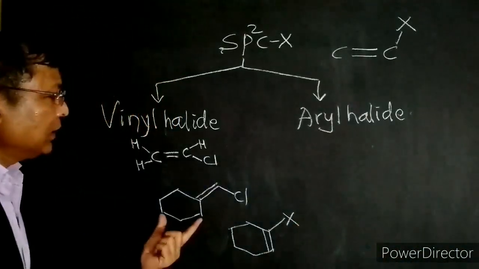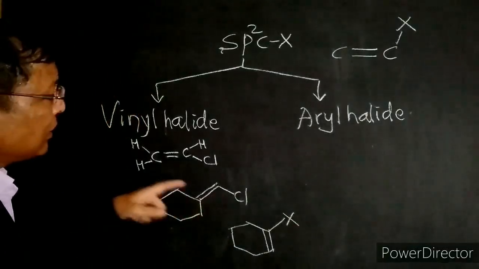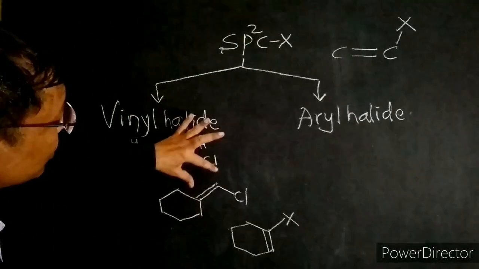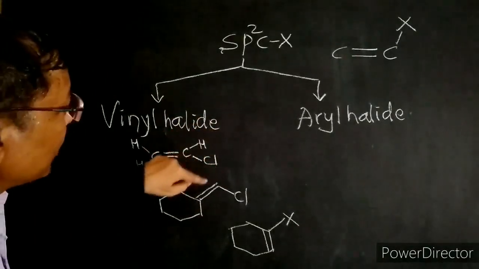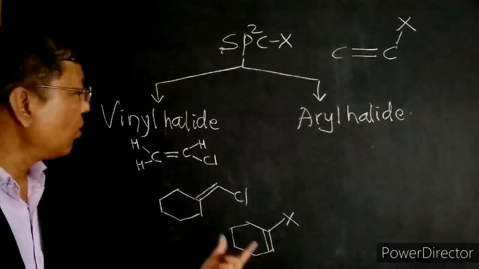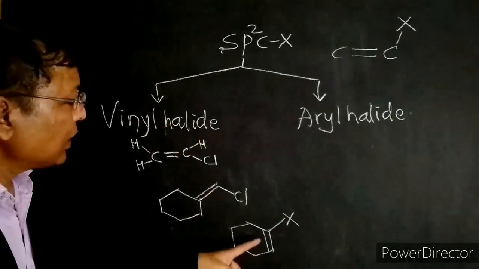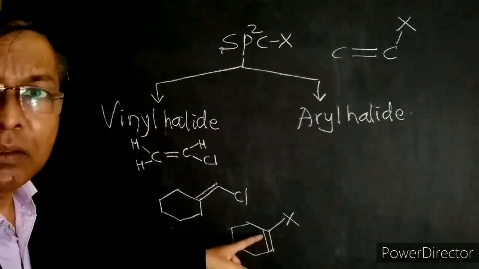And this is another example of vinyl chloride because the halogen is attached to the carbon-carbon doubly bonded carbon atom. And this is also another example of vinyl chloride because the halogen atom is attached to a carbon-carbon double bond.